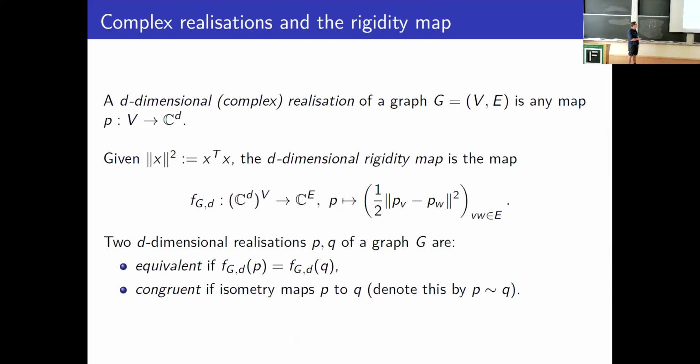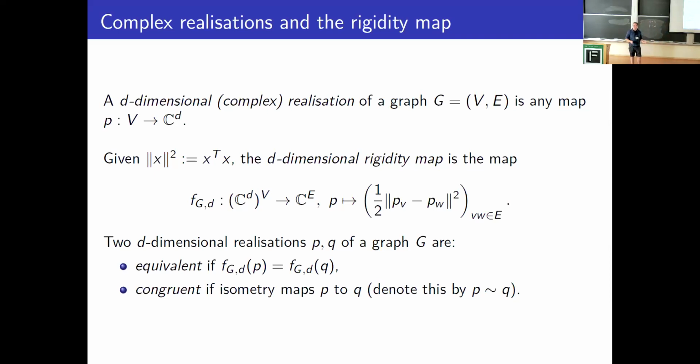So all I'm doing is, instead of doing d-dimensional realizations, I'm now doing d-dimensional complex realizations. So you just allow it to have complex coordinates. You have to be a little bit careful. You define your rigidity map like so, but this is not a metric, this is a quadratic form.